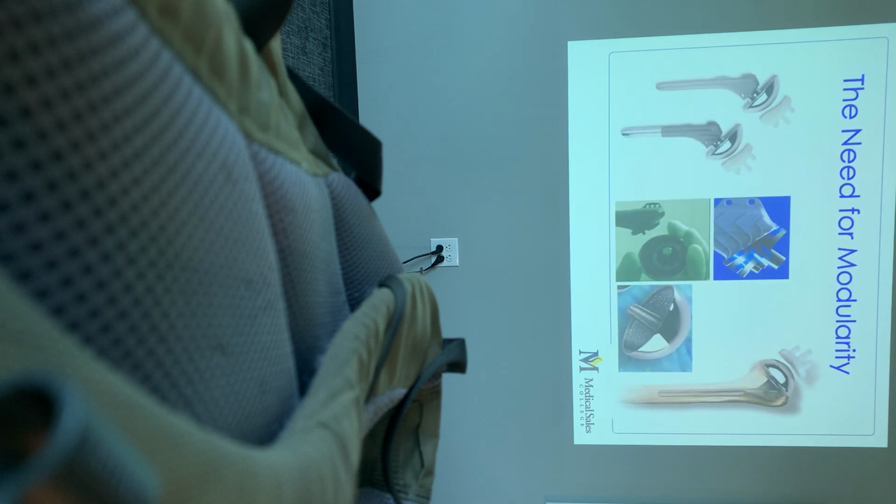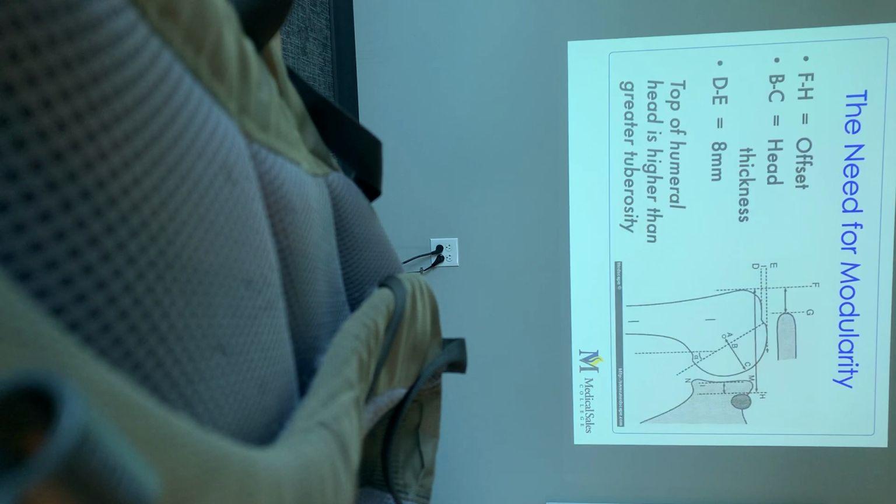Okay, so modularity, unlike the hip, is important because it's a non-weight bearing joint. So they're not worried about a lot of wear debris, metal wear debris, being generated. And that's why you got some pretty crazy designs like the Universe from Arthrex that has a modular or adjustable proximal body with a mechanism inside of it.